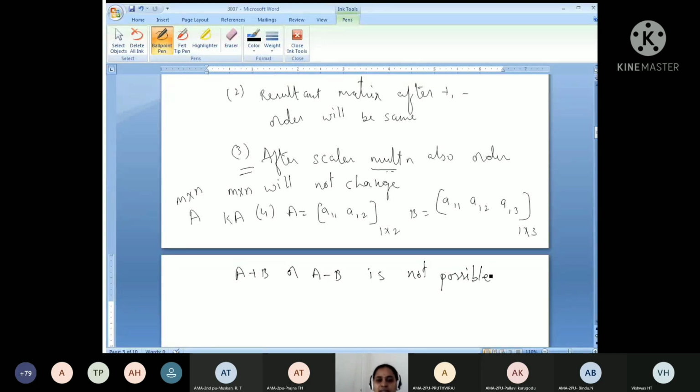If the order is not the same, addition and subtraction are not possible. Okay, shall I continue now?